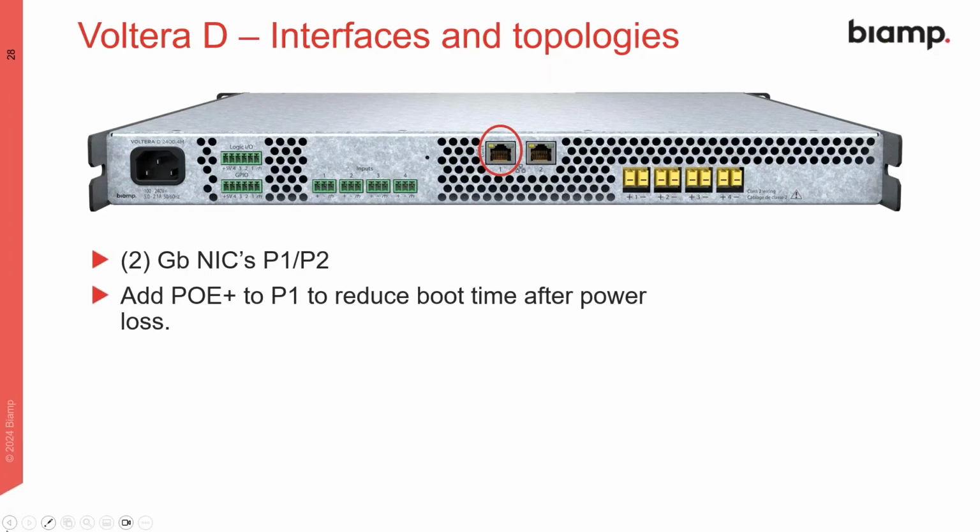An interesting thing about port number 1 on all Voltera D and DM amps is that if you apply PoE plus on this port, and that switch that's providing that PoE is on a UPS or something of that sort, but mains power is lost on a site, the PoE port will keep the DSP brains of the Voltera alive and communicating.